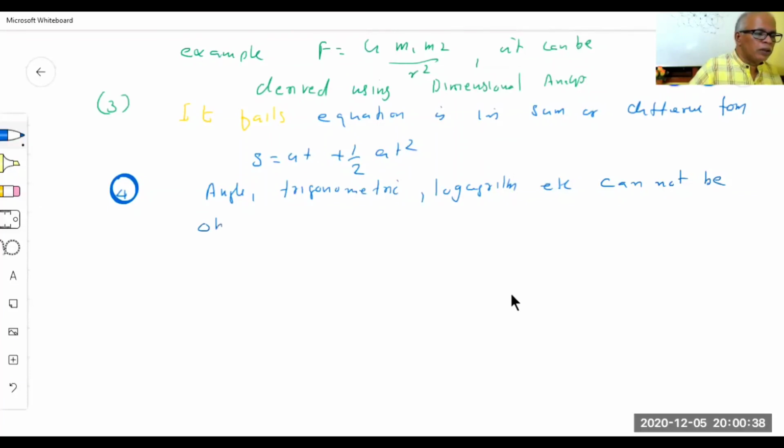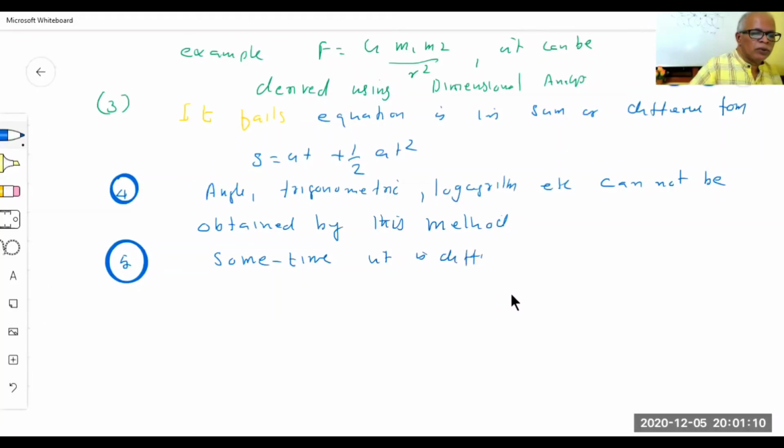This is the general drawback. Sometimes it is difficult to identify the correct variable combinations.